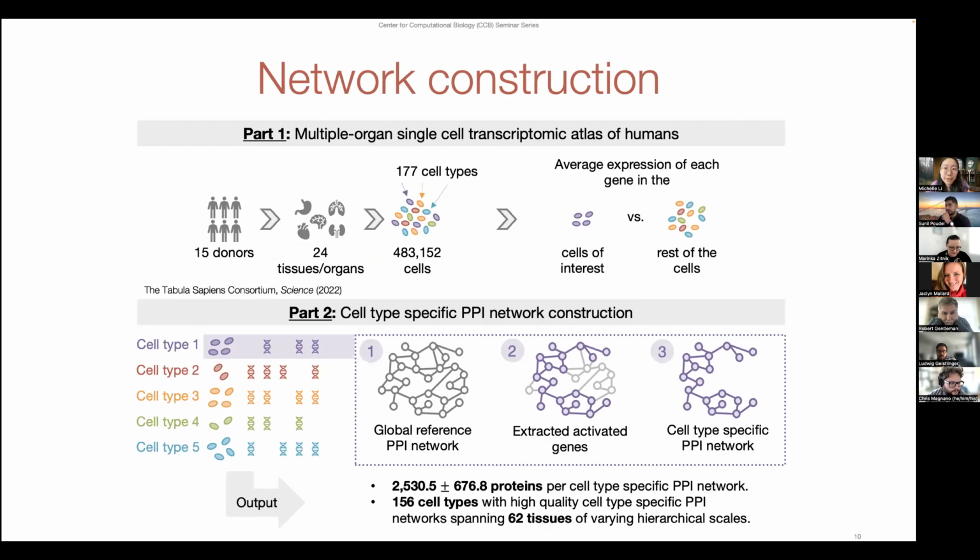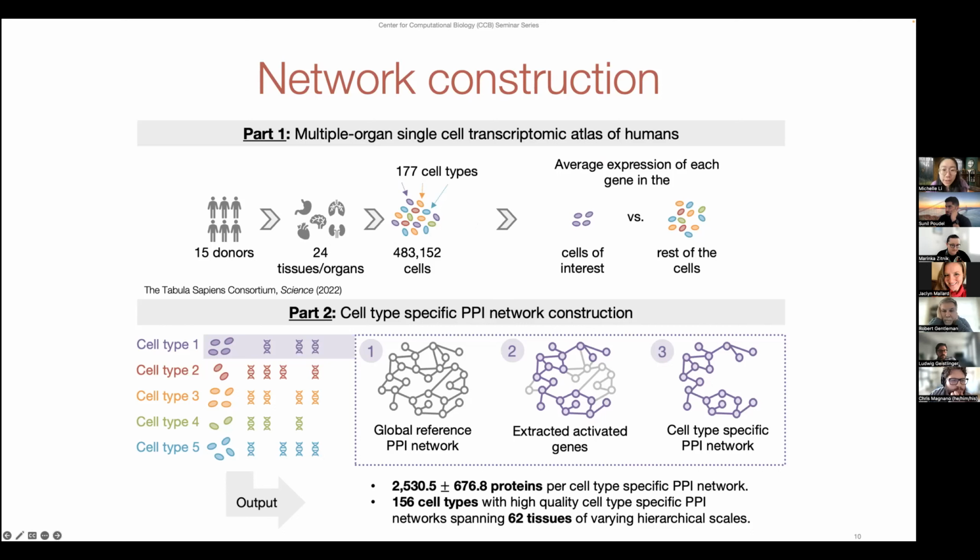To construct these, we start from a multi-organ single cell transcriptomic atlas of humans, which consists of samples from 15 donors, resulting in 483,000 cells after quality control processing. For each of these cell types that are annotated by the consortium, we get a list of genes that are activated in the cell type.